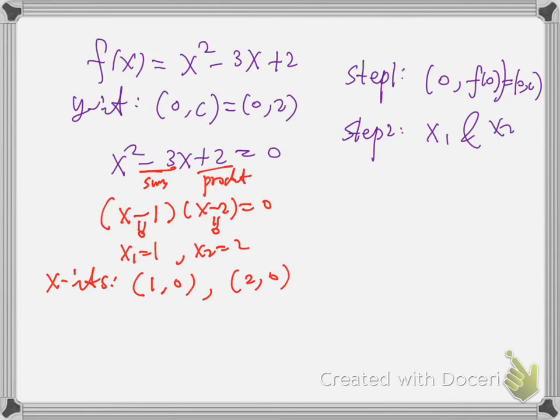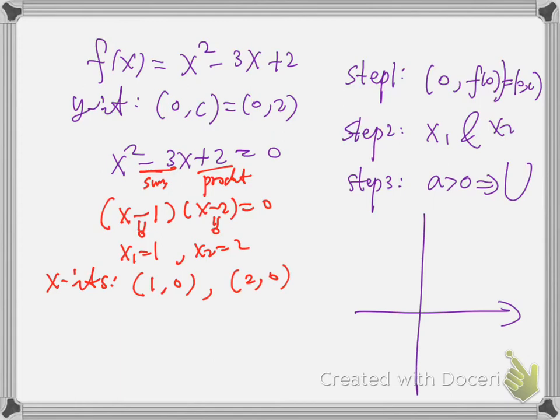And a is positive, right? So step 3, we know it's a parabola open up. Before we find the vertex, we can draw the picture now. We just don't know the precise position for the vertex.